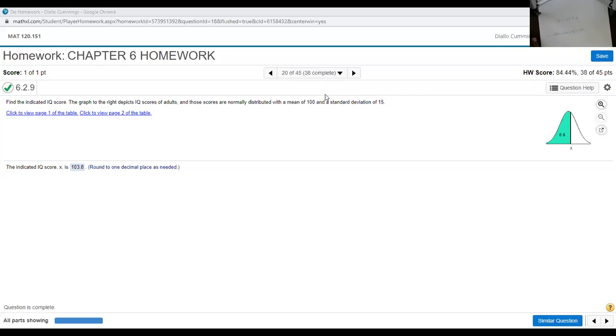So I'm going to put that into the calculator. I'm going to switch screens here for just 1 second. So I'm going to put this in as the inverse normal. So I'm going to go into distribution, inverse normal, 0.6. I'm going to close off my inverse normal function, times the standard deviation, which was 15, plus mu, which is 100.